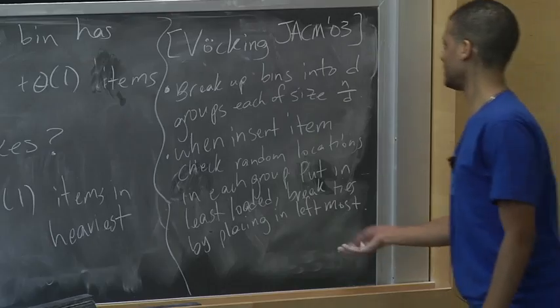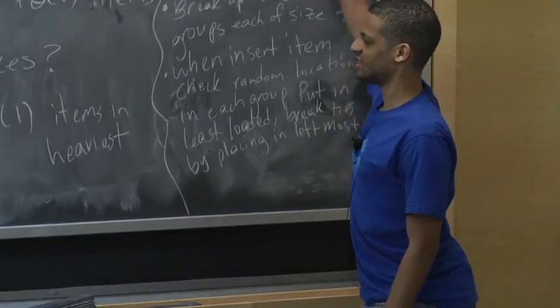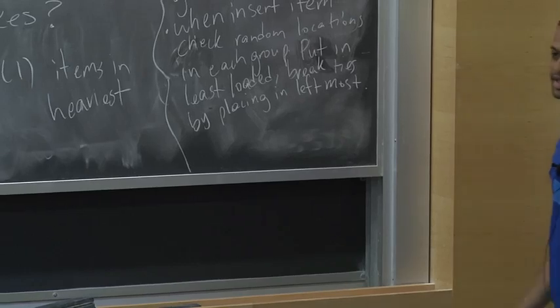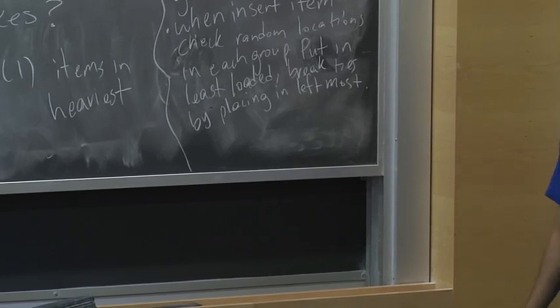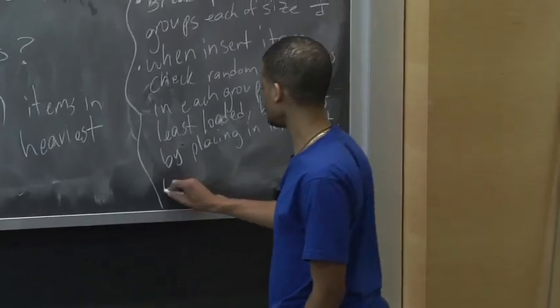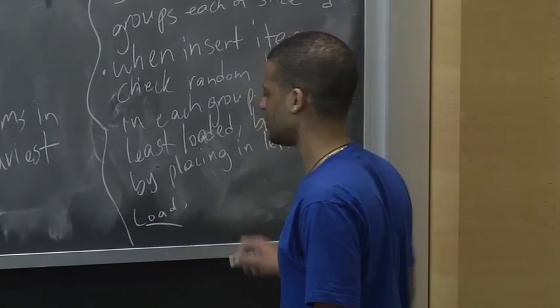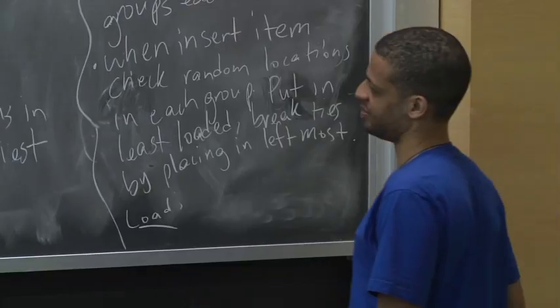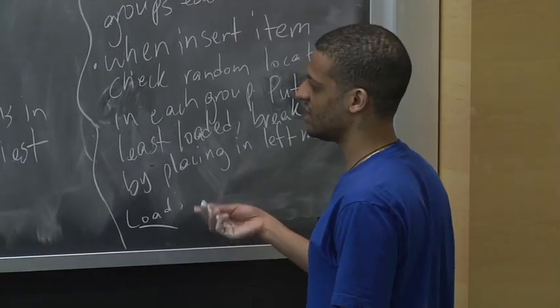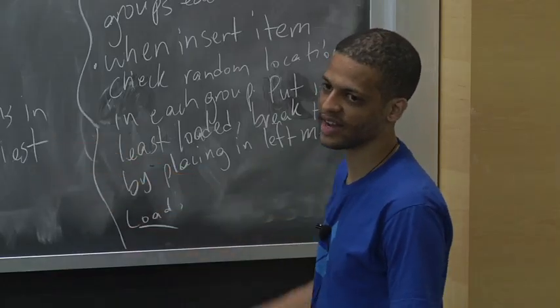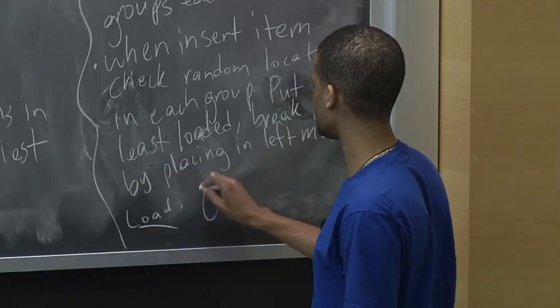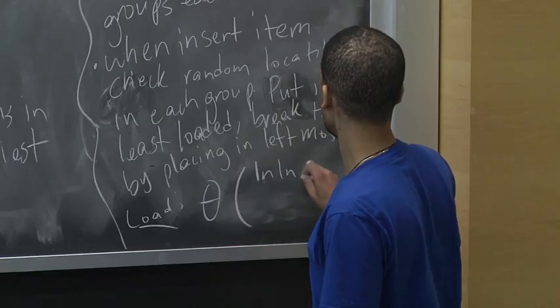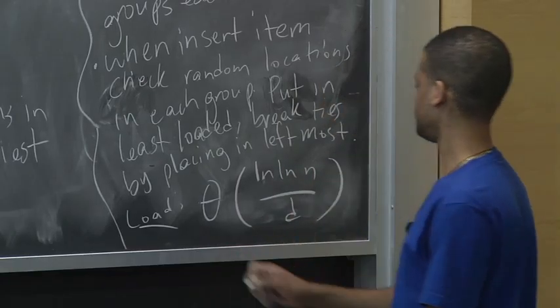And here, you could ask again, what's going to be the load of the heaviest bin? He proves even the right constant factor, but I'm not going to bother writing that. He gets ln n over d.